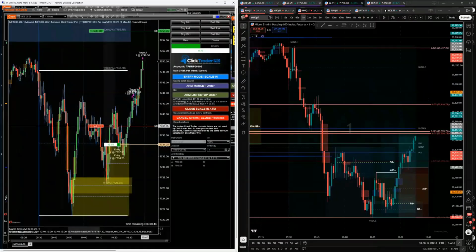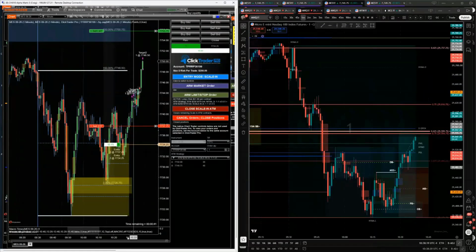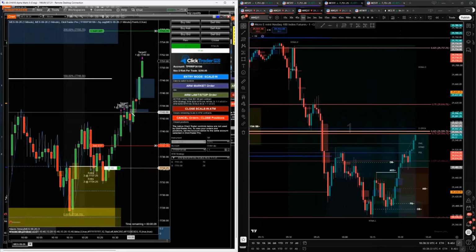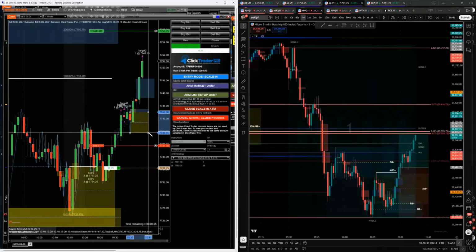Let's go there. All right, let me explain why there. You got a fair value gap here, a fair value gap there, order block there. And this is an implied fair value gap.